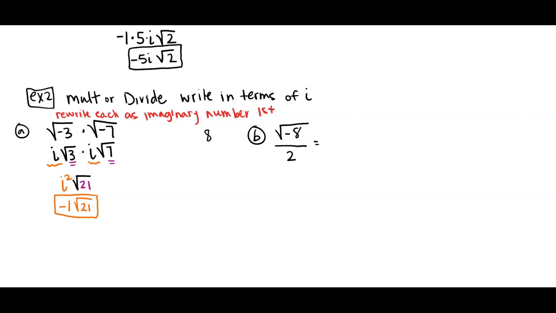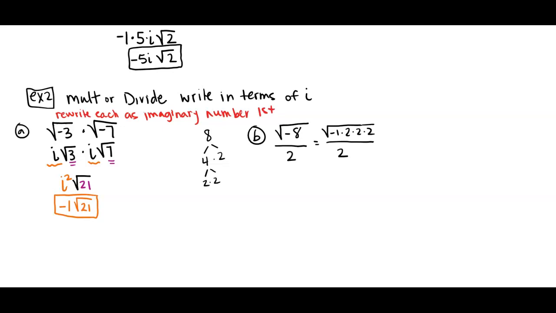Let me break that down. If I do 8 in a factor tree, that's 4 times 2, and then 2 times 2 times 2. So really, I need to put all of that there. We really have the square root of -1 times 2 times 2 times 2, and that's still over just 2. You can't do anything on the bottom yet.